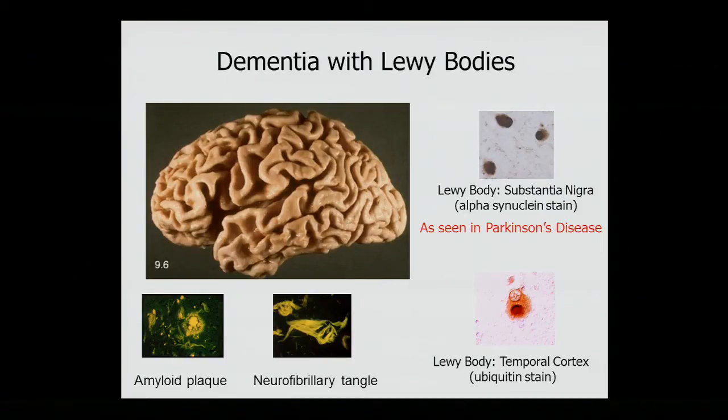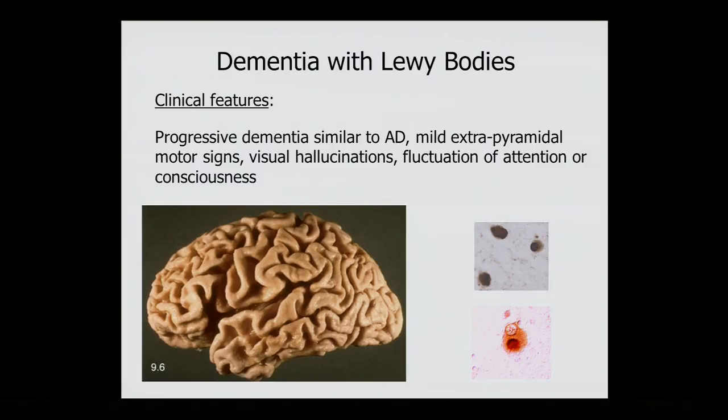But in dementia with Lewy bodies, these Lewy bodies are also found in the cortex, and they're found in some of the same areas where we see Alzheimer pathology, so the temporal cortex, the parietal cortex, and so on. It produces a progressive dementia similar to Alzheimer's disease, but there is also some mild Parkinson movement disorder.